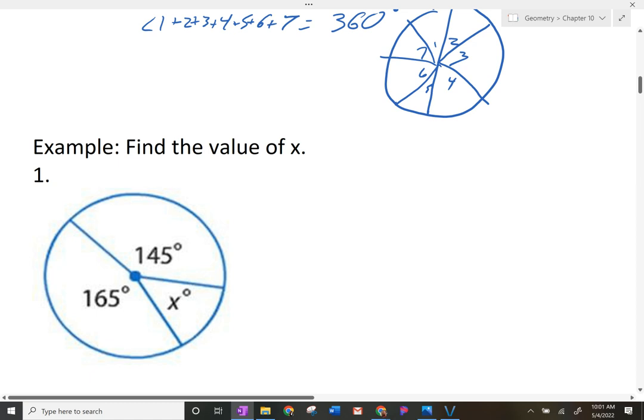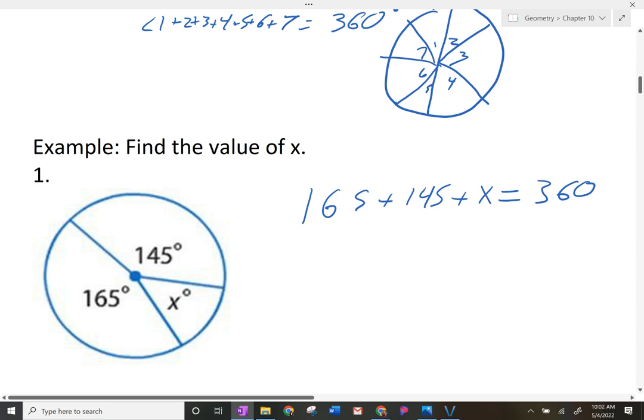Okay, so the first one I'm going to do by myself. Second one, you guys will help me. Third one, you guys will do on your own. I've got this circle right here. Altogether, this circle I know is going to equal 360 degrees. So if I wanted to solve it, I'm going to do 165 plus 145 plus x. All of that is going to equal 360 degrees.